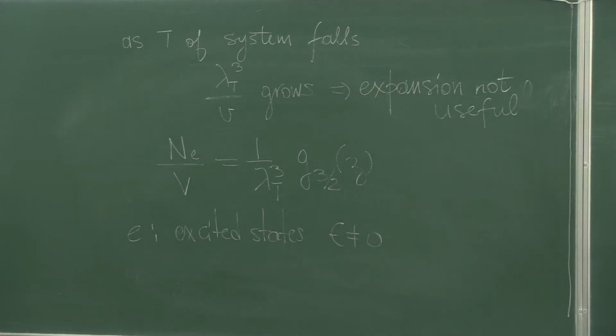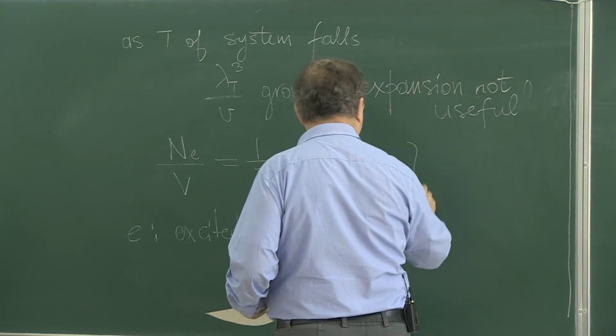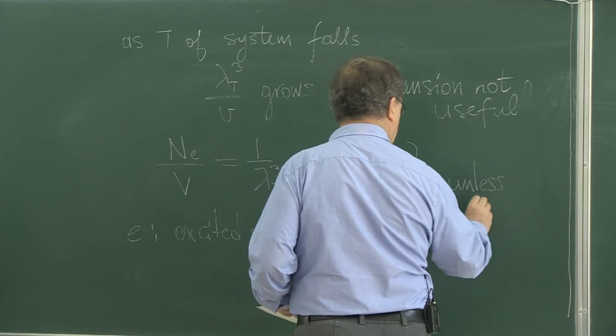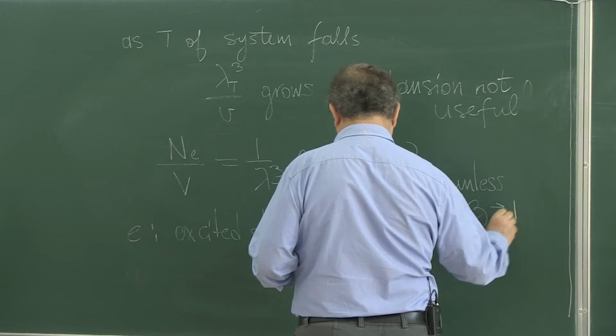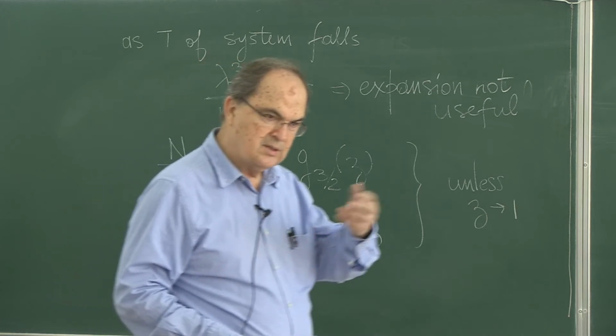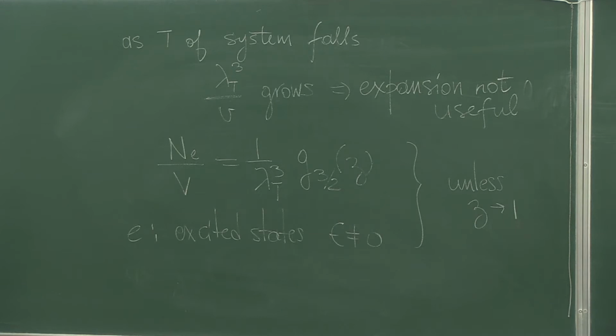This is the case when z is not coming close to 1, isn't it? z equals 1 is the opposite limit, where everything goes in the ground state. Important occupation of the ground state begins only as z approaches 1. So N equals N excited if you are not in that limit.